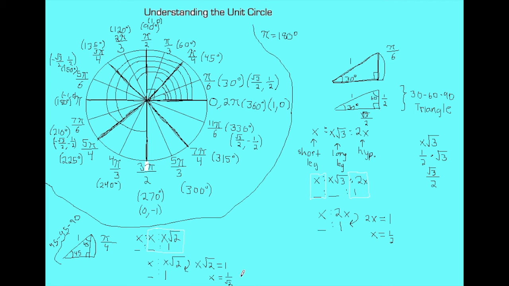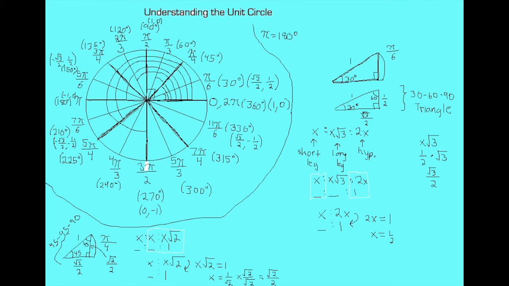We will multiply the numerator and denominator by root 2. We will get x equals root 2 over 2. Therefore, both the legs in this triangle equal root 2 over 2. So this side length equals root 2 over 2, and this side length equals root 2 over 2.